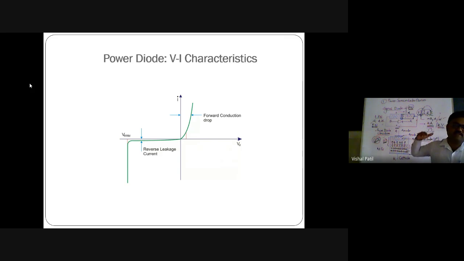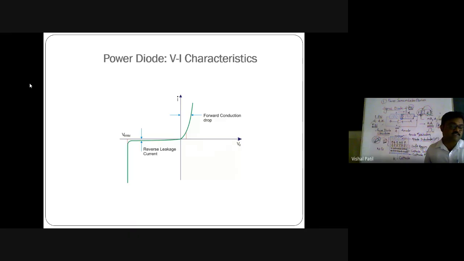Earlier it was very small, negligible current because of minority carriers. But when that limit is crossed, generally the peak inverse voltage, the current will start to increase abruptly. So we get the reverse current.